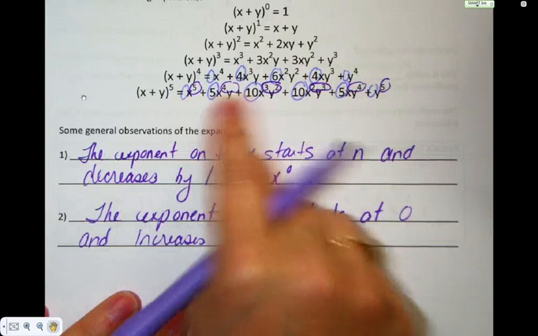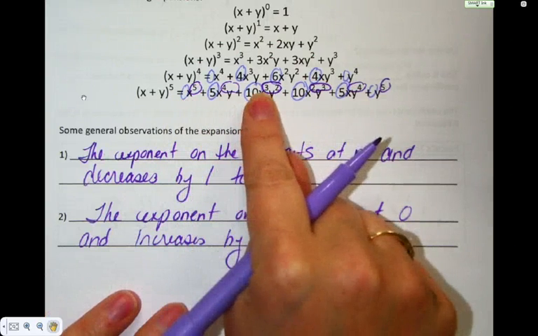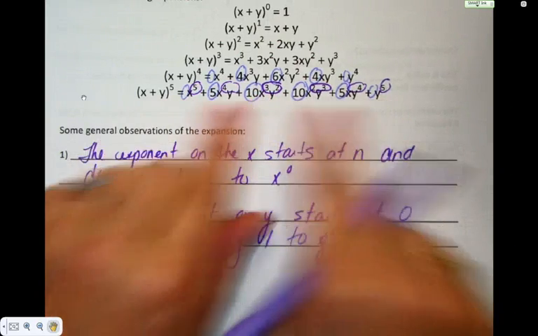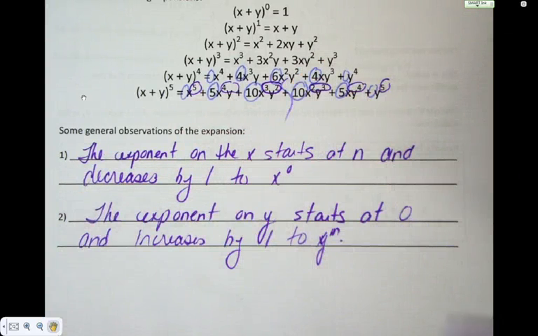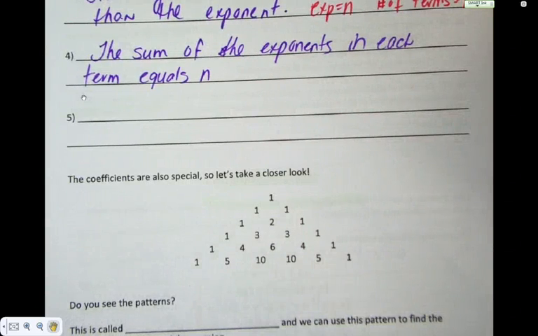Do you notice they go up and then go back down? We call this symmetric. If I were to draw an imaginary line right through the middle, the two halves are exactly the same. So that's the first pattern we want to note, that the coefficients are symmetric.